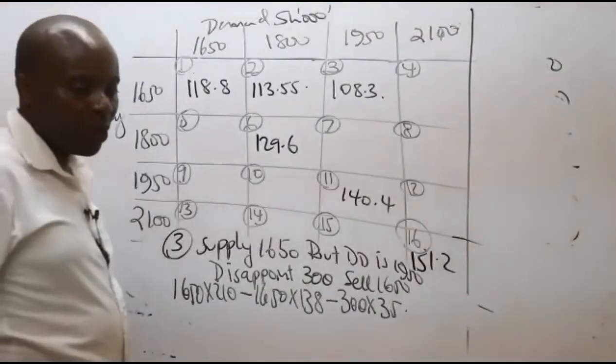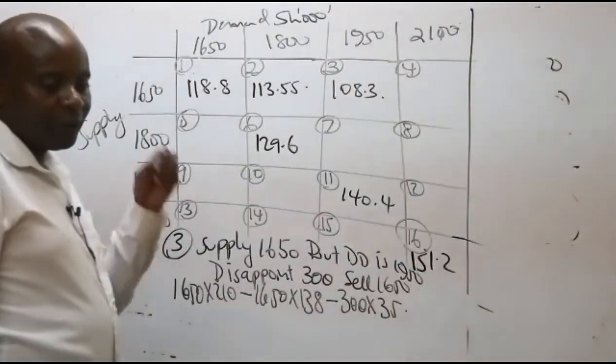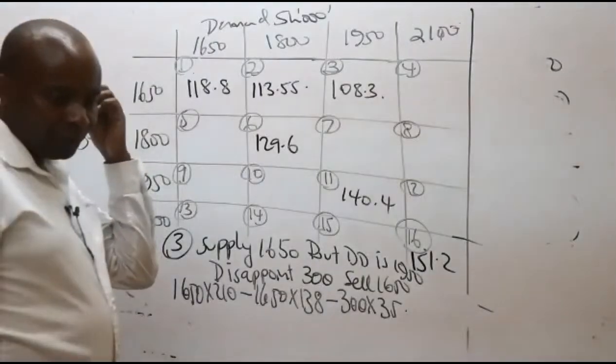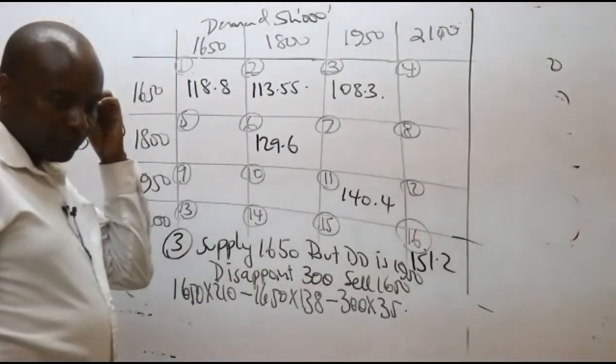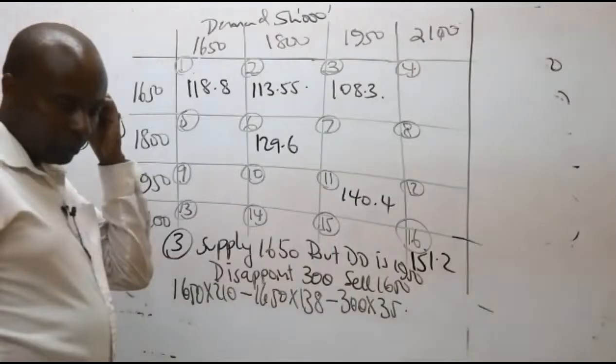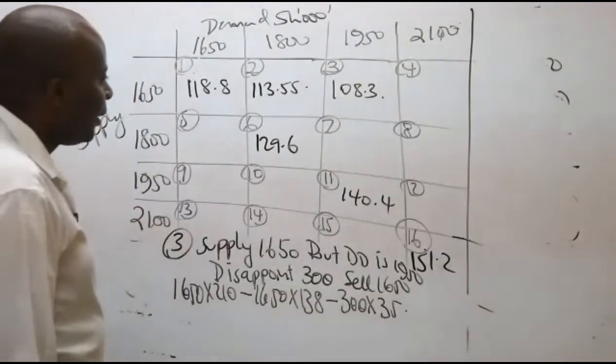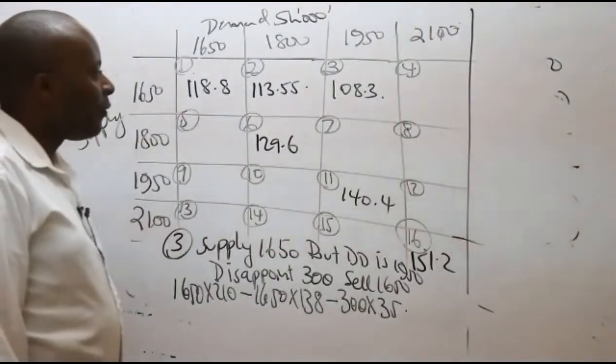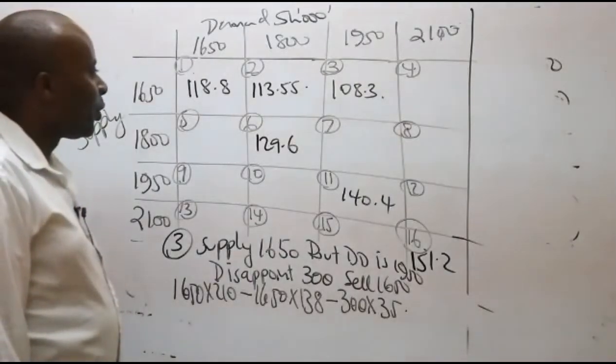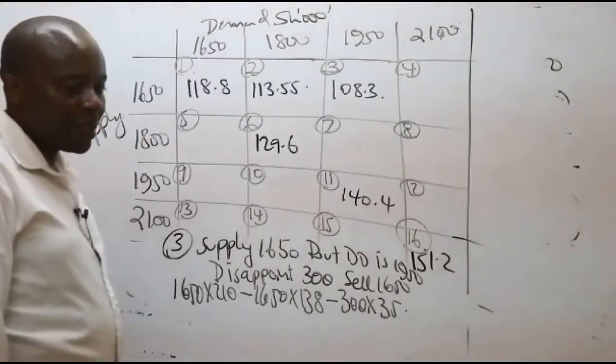Using that same approach, give me for cell number 4. For cell number 4, Dennis is giving me 134. No, it should be reducing really. Just try again.